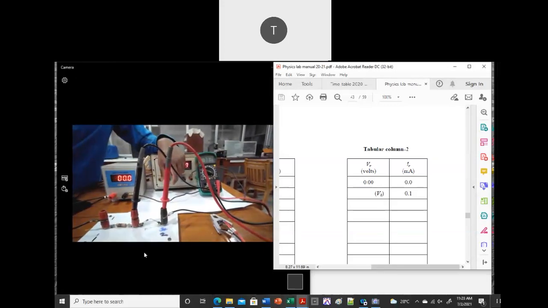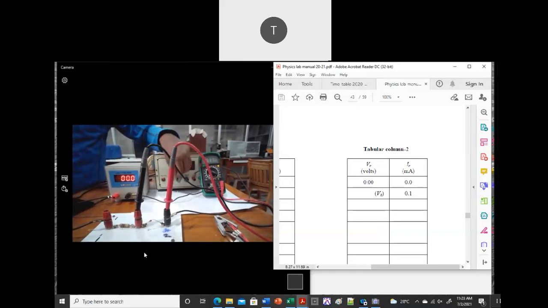Now I will start turning the fine button till I see 0.1 on this. So it is 0.4, 0.5, I'm going to reduce it, and then 0.1, you get it. As you can see, this is around 8.8 or 8.9, 8.86.